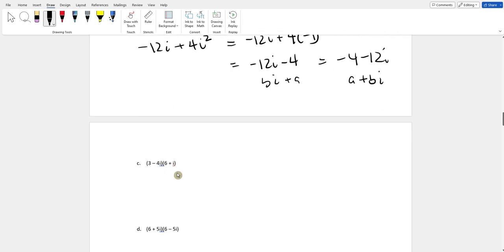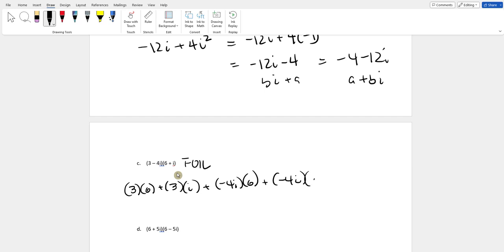In this next problem, we're going to use the FOIL method because we are multiplying out two binomials. So this will be 3 times 6, 3 times i, negative 4i times 6, and then negative 4i times i. So when we multiply it out, we get 18 plus 3i minus 24i minus 4i squared.